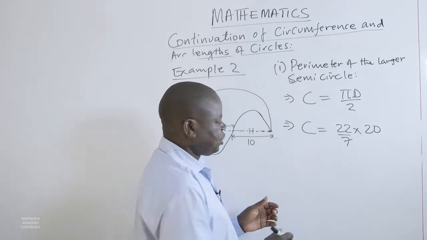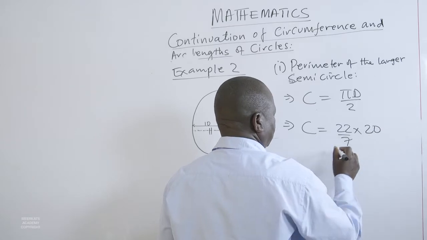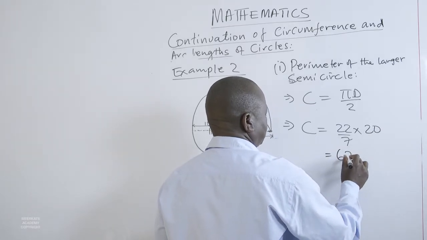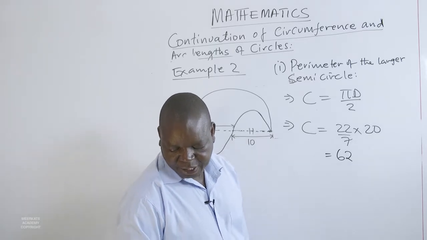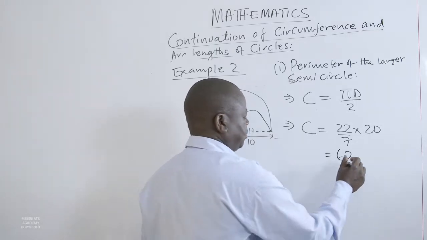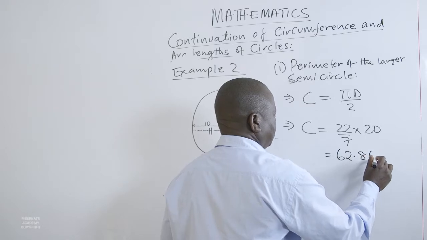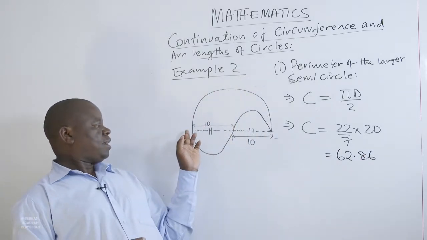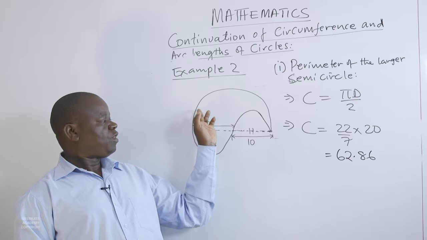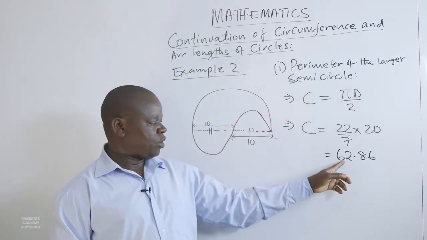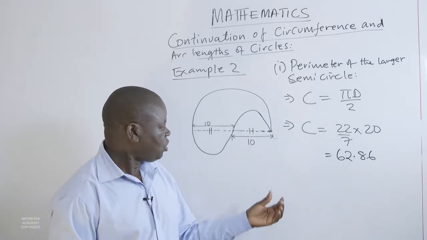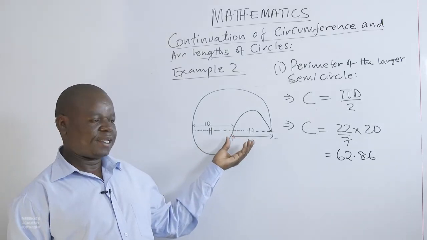So you get 62, so it gives you 62.86. So the circumference of the larger semicircle is 62.86. Let's work out the lower ones because they are the same.